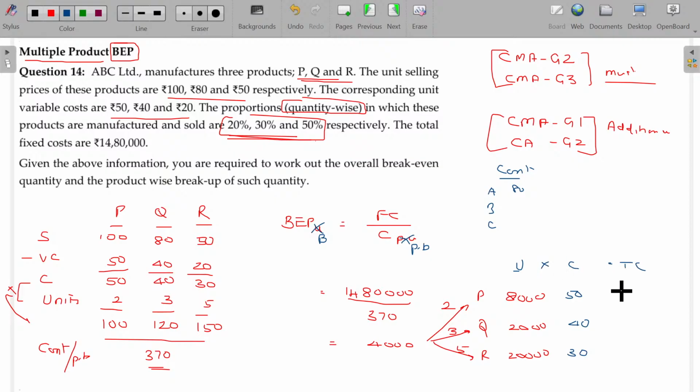Here the value being 4 lakhs. Here 4.8 lakhs. This is 12,000, right? 3 into 12,000. Okay. 5 into 20,000. This will be 4.8 lakhs. Here 6 lakhs. The total being 14.8 lakhs. From there, if I subtract the fixed cost 14.8 lakhs, then your profit and loss being 0.